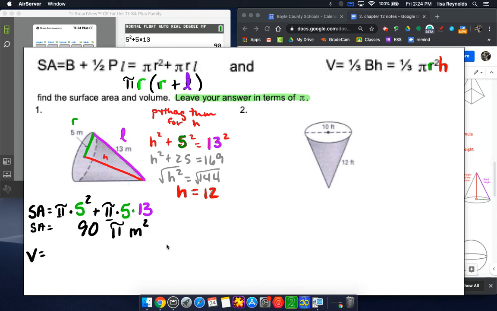The volume is 1/3 times pi times the radius, which is our 5 squared, times our height value. This is the one we calculated with Pythagorean's theorem, so that's the 12. And once again, we're going to calculate.